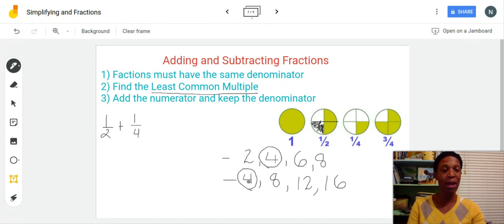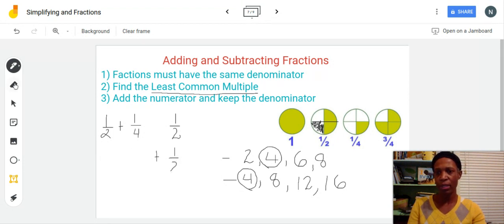So now that we have the least common multiple, what do we do with it? Well, what I like to do is rearrange my problem. I'm going to change this and write it vertically. So I'm going to do 1/2, and I'm going to do my plus over here and my 1/4 right here.